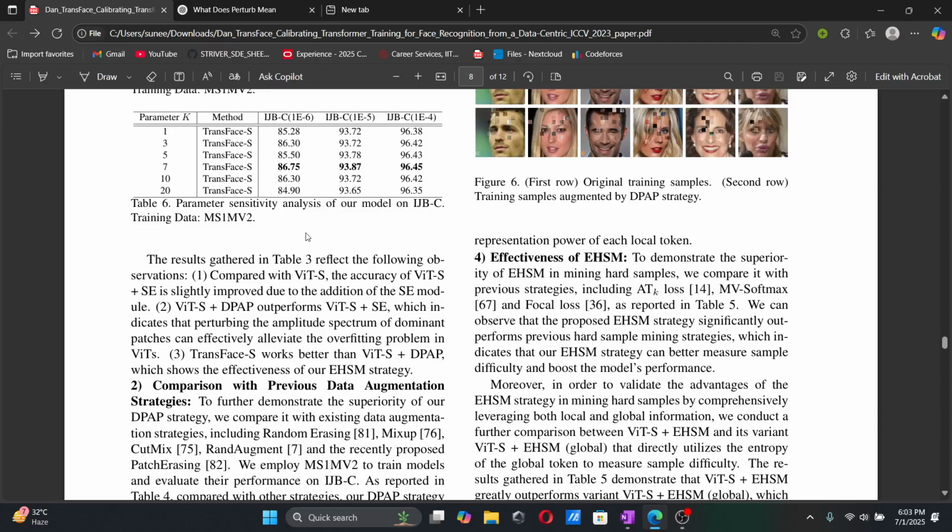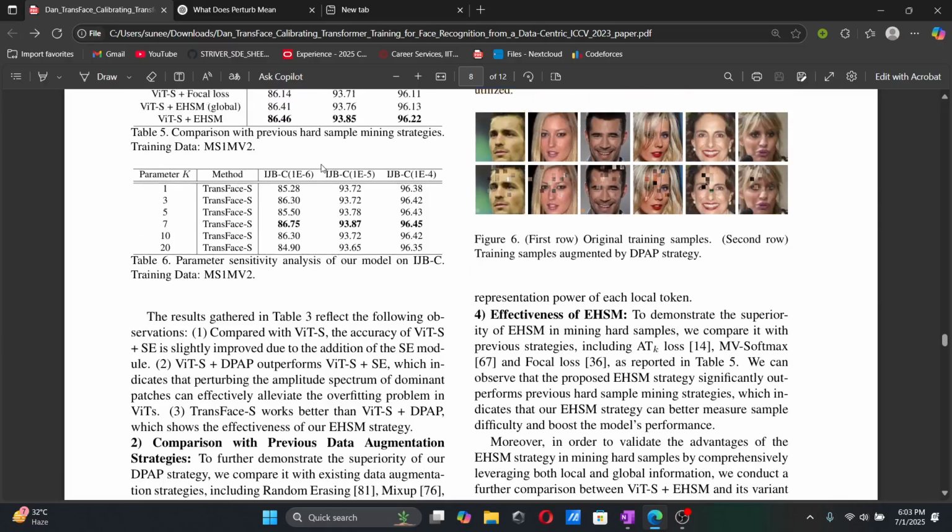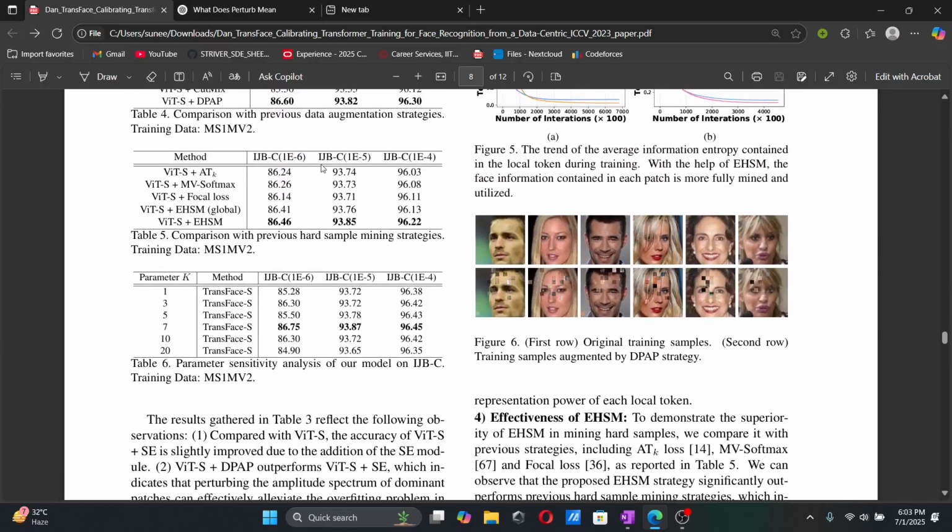Okay, I kind of understand it. So let us say there is a patch. My model is dominantly looking at one patch, right? So it wants more information from that patch. Let us say there's a patch of an eye.